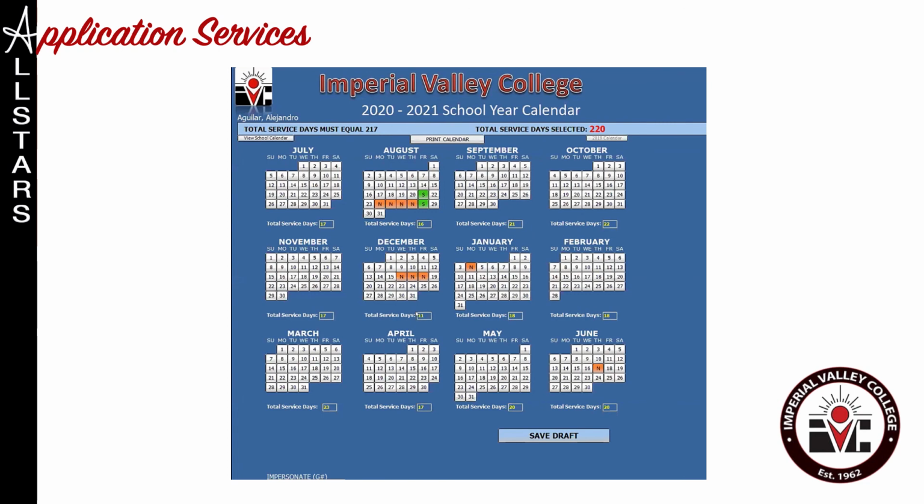So what day is today? July 23. Let's say I don't want to work next Monday and next Tuesday and next Wednesday. So selecting those 3 non-service days, I reached the 217, and now I'm able to submit the changes.